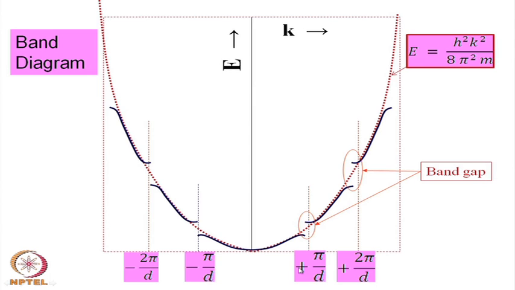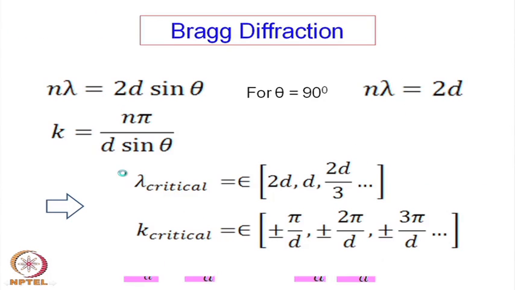and these discontinuities do not happen anywhere. Discontinuities occur at specific values of k. These critical k values which we have given here are plus minus pi by d, plus minus 2 pi by d and plus minus 3 pi by d.